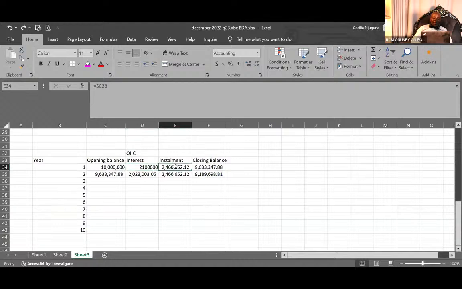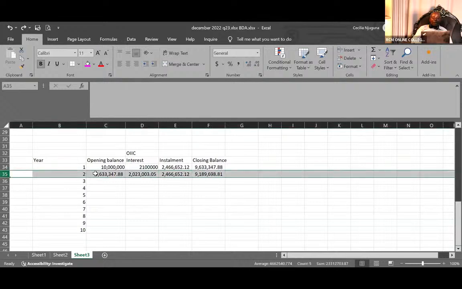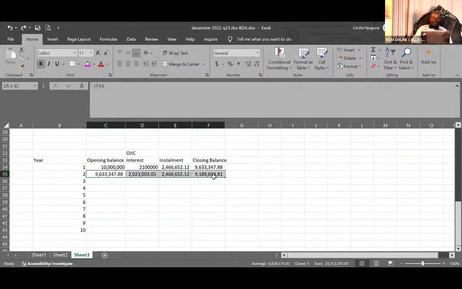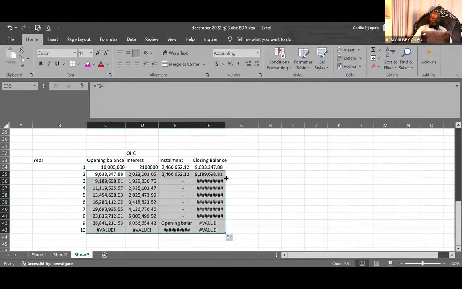Very good. D35. Very good. E35. This is correct. So highlight row number 2, not the whole of it, not that way, from C. Start from there and then double click or pull down.